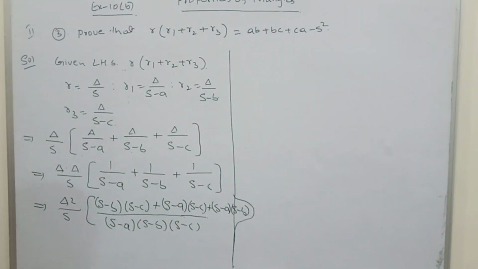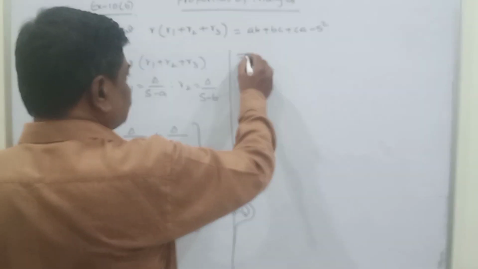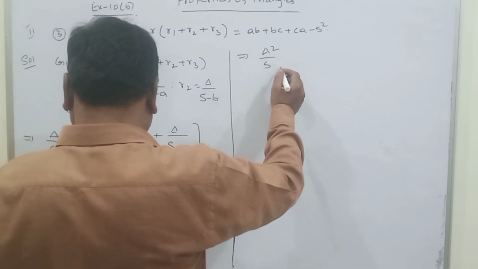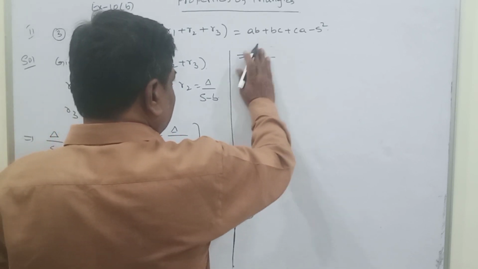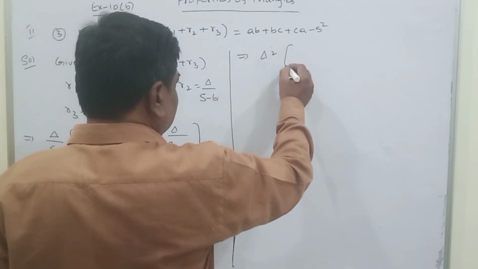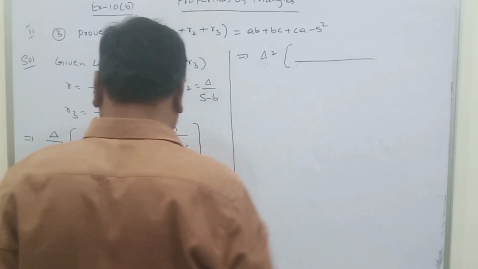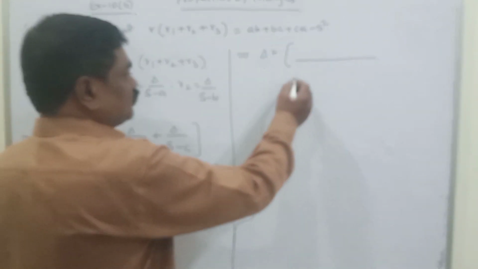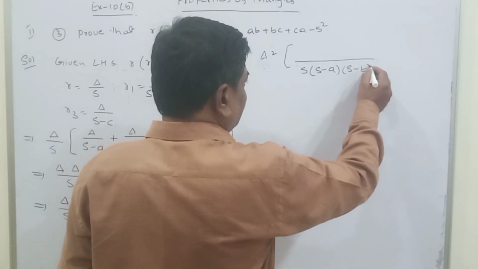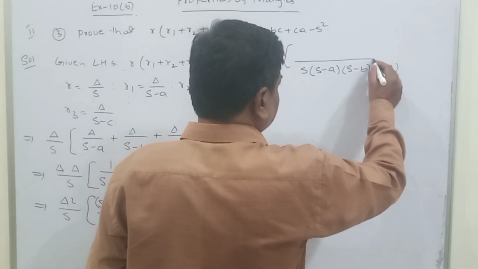What is the remaining? You can write it as delta square by s by delta square into the denominator s into (s − a)(s − b)(s − c).